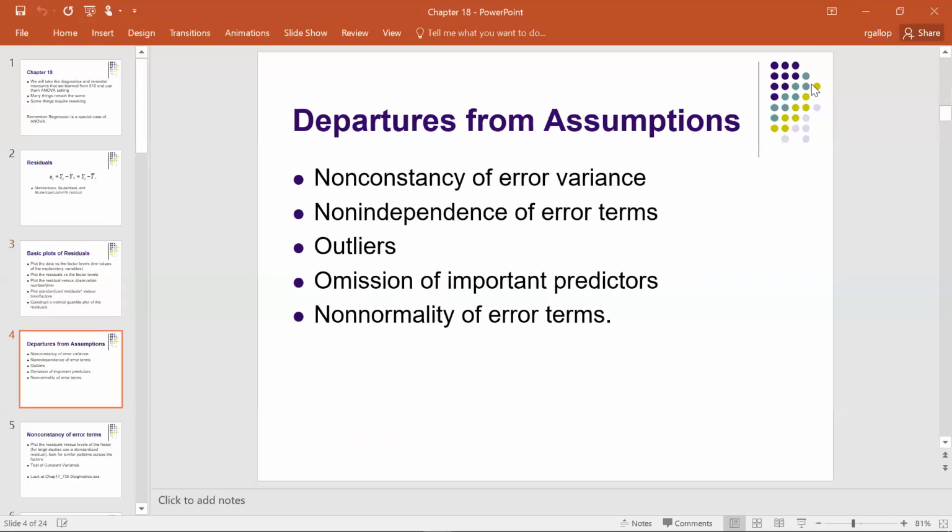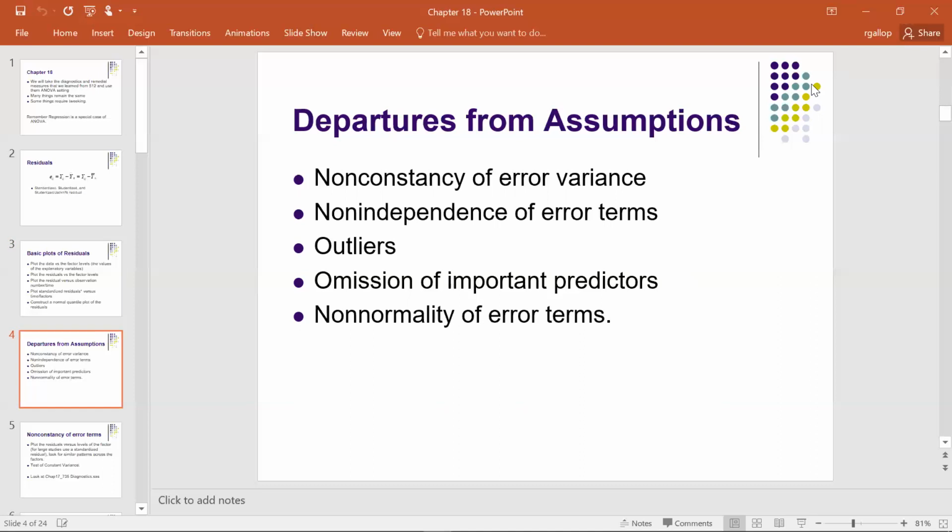So the big thing we have to think about is whether or not we have a constancy of the error variance. In regression, that was homoscedasticity. In ANOVA, we're going to call that homogeneity of variance. The other one we have to think about is the non-independence of the error terms. So this issue of autocorrelation may be something we need to inspect for.